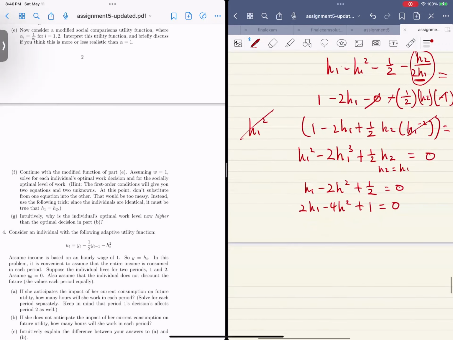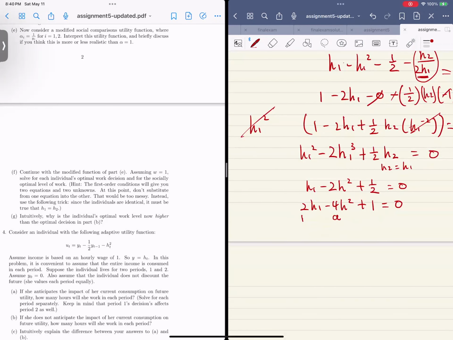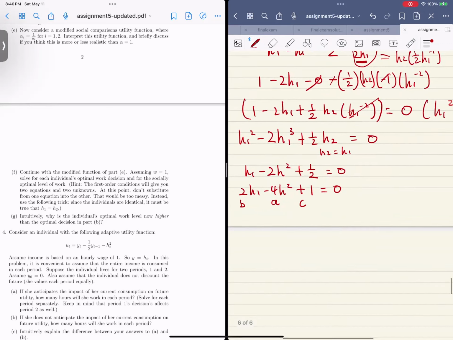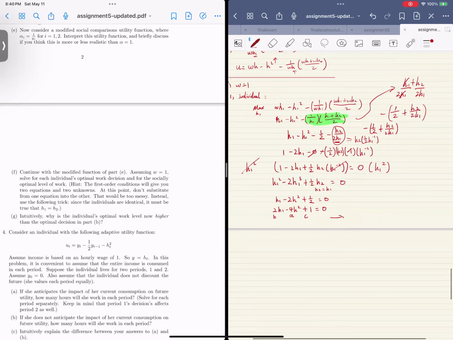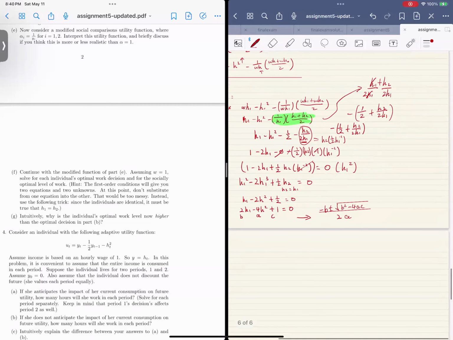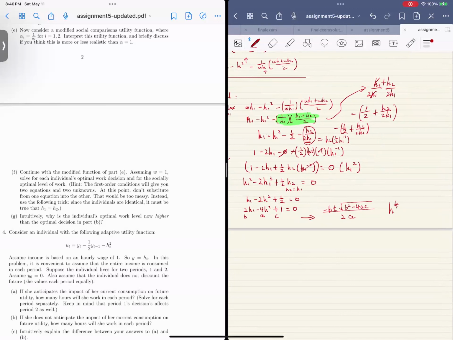And now we have ABC, so we can use negative b plus or minus the square root of b squared minus 4ac over 2a, and we will find the optimum H1 star.